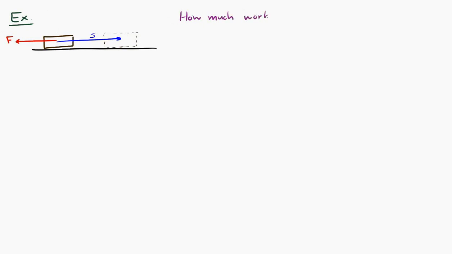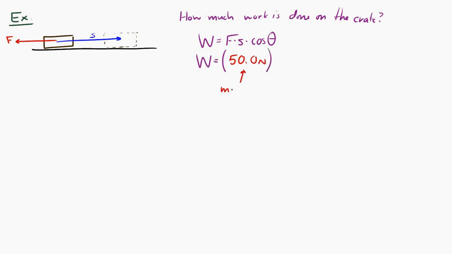Let's look at a third example. Let's say that the box moves to the right 2 meters. You apply a force of 50 newtons, but now you're going to apply the force of 50 newtons to the left. So work is equal to Fs cosine theta. Well, force is 50 newtons. Remember, no direction information goes into here. The displacement is 2 meters.